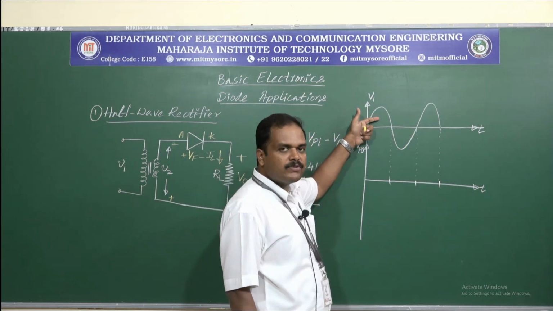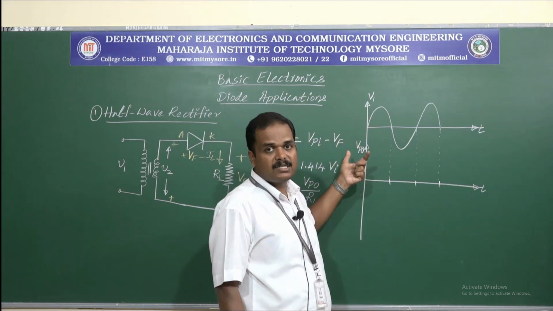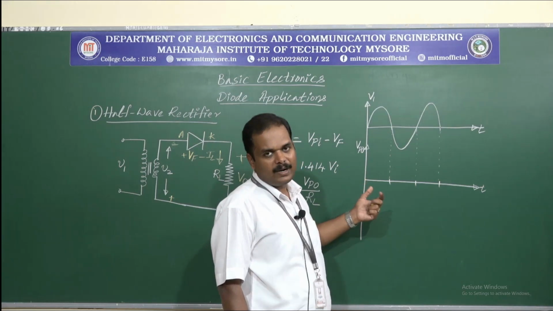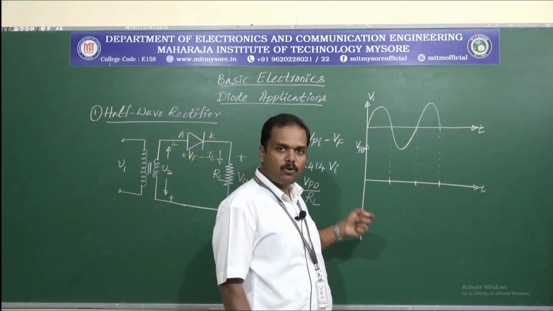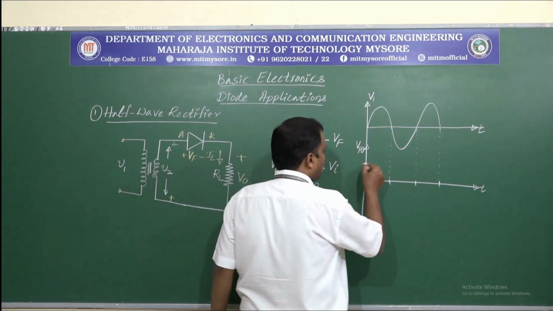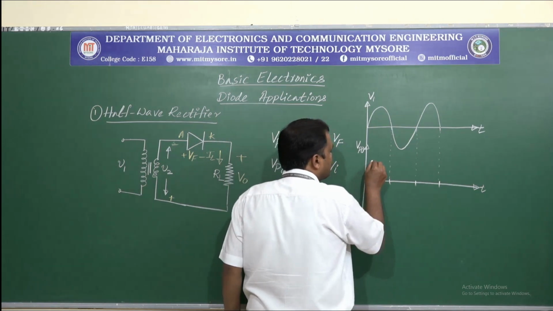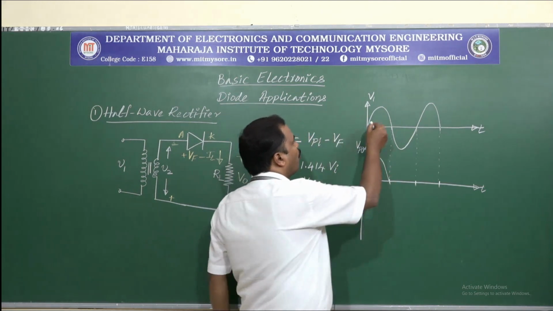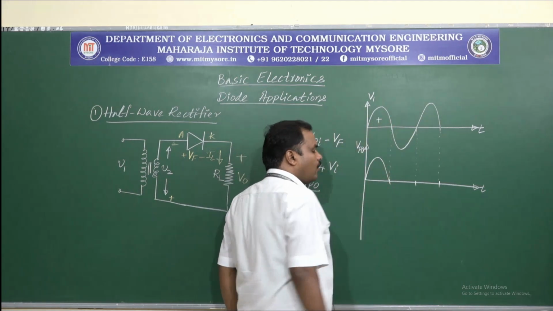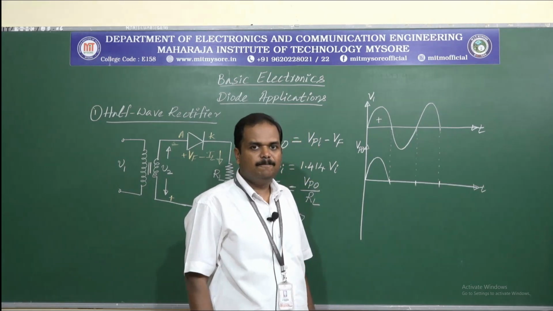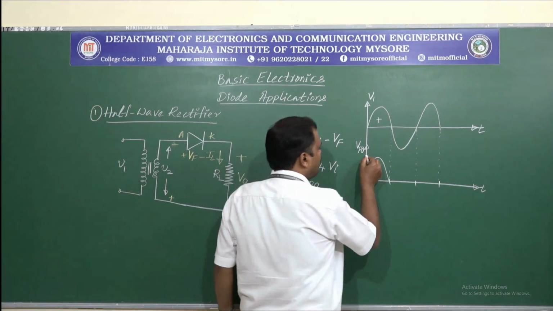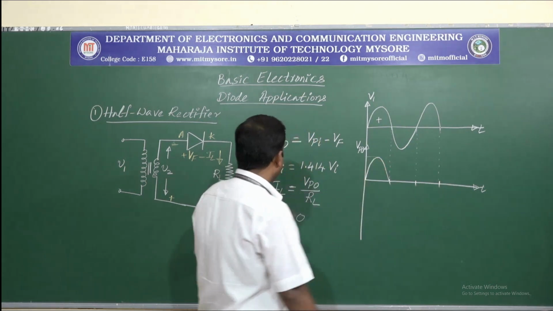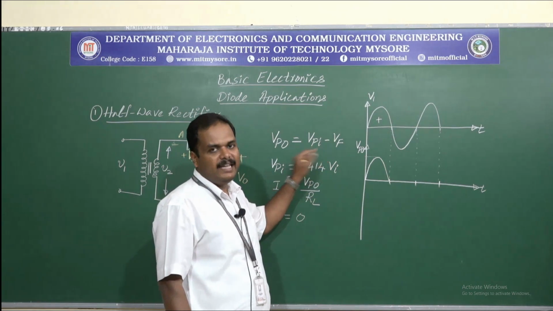So during positive half cycle, because the diode conducts, it allows the current to flow through the diode and in turn through load resistance RL, there will be an output voltage generated. So let us say there is an output voltage generated during positive half cycle of the input signal. This level is equal to or given by this particular equation.